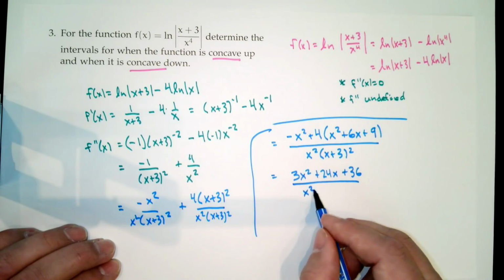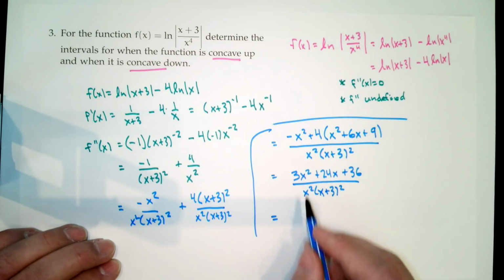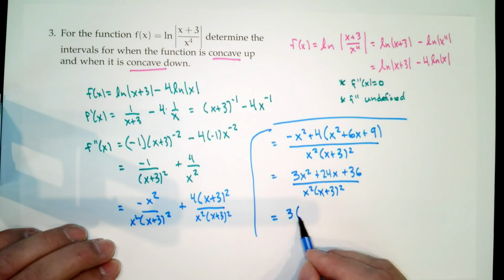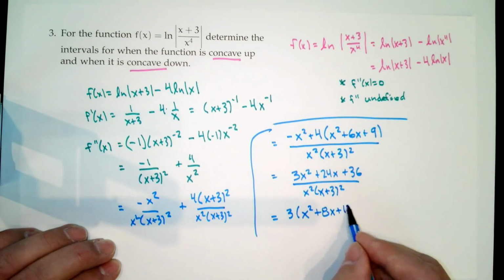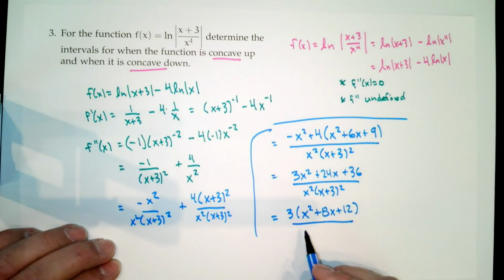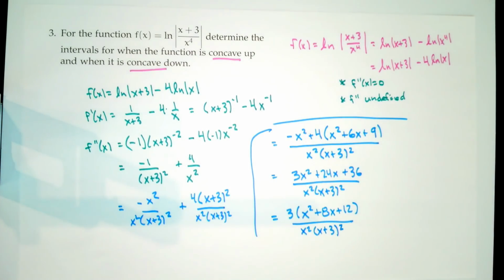Now, to really go all the way, I really need to understand the top. So to help me understand the top, I'm going to start by factoring the 3 out. That's 3 times x squared plus 8x plus 12, if I do that right, divided by x squared times x plus 3 squared. Now, does x squared plus 8x plus 12 factor in a nice way? I mean, if we're lucky, it'll factor.